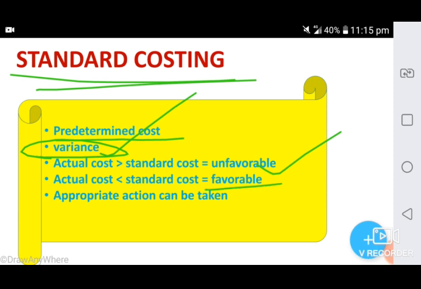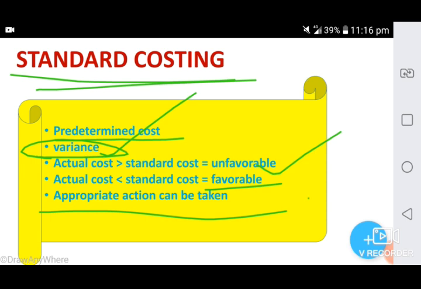Another feature of standard costing is that it helps to take appropriate action. For example, when considering labor hours, downtime from production due to maintenance or startup and break time must be included in the number of hours it takes to make a product. Once standards are established, they are used to analyze actual cost variance from standard.